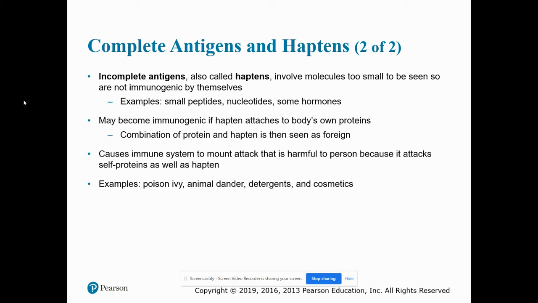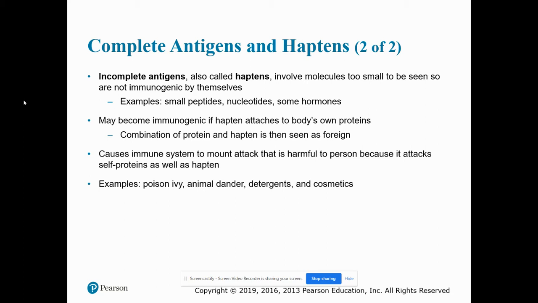Haptens themselves are too small to be immunogenic. Examples of this are going to be small peptides, nucleotides, some hormones. Now, what can happen is these haptens actually attach to proteins in the body.